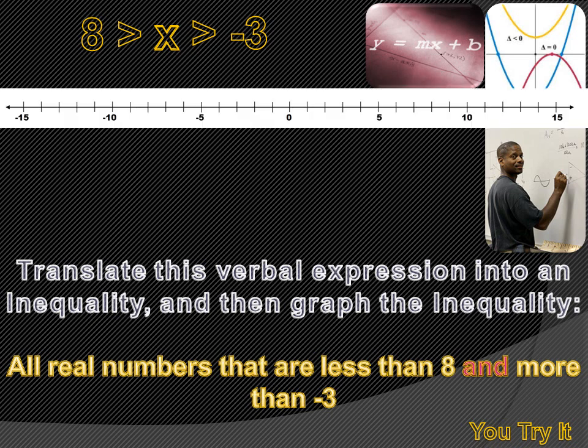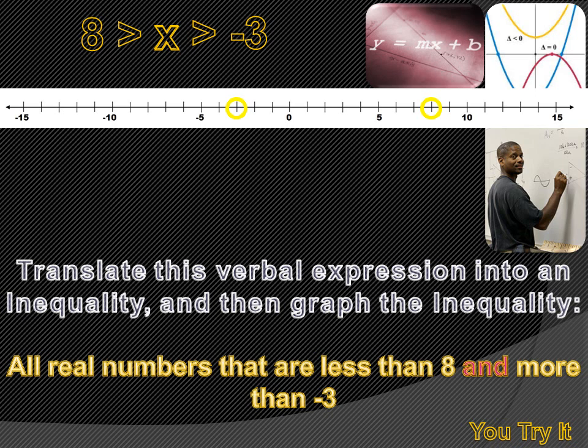Now let's graph it. I need a number line, and first I need to plot each of those extremes. One extreme is minus 3, so I'll draw a circle around minus 3. And I didn't fill in the circle because this is not x is greater than or equal to minus 3. It's x is greater than minus 3. So I don't want to paint over that minus 3 and include it.